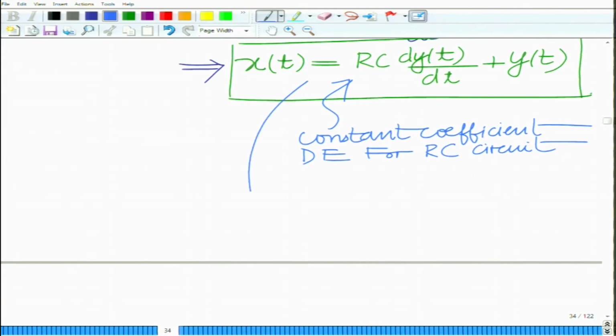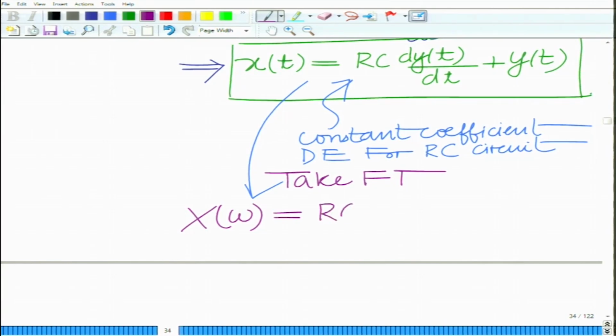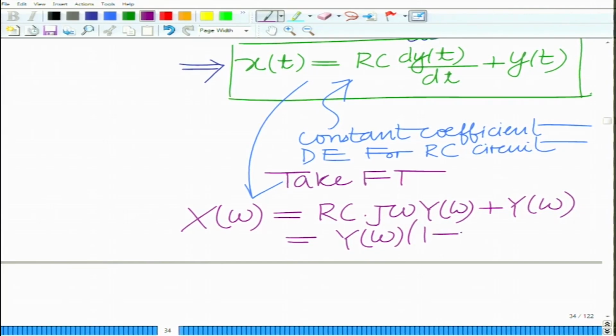Now, if you take the Fourier transform, then we have X(omega) equals RC. Remember, the Fourier transform of the derivative is j omega times the Fourier transform of the signal. So, j omega times Y(omega) plus Y(omega), which is Y(omega) times (1 plus j omega RC).